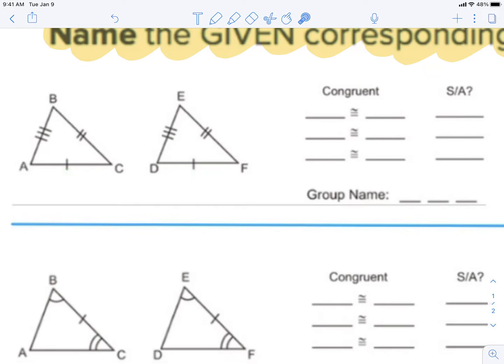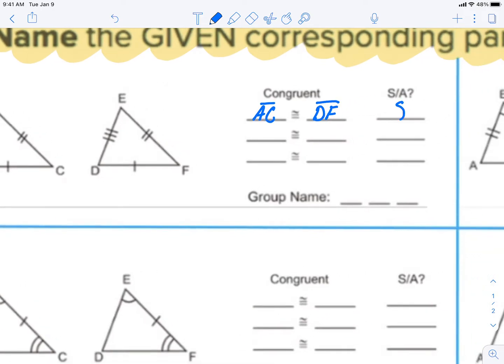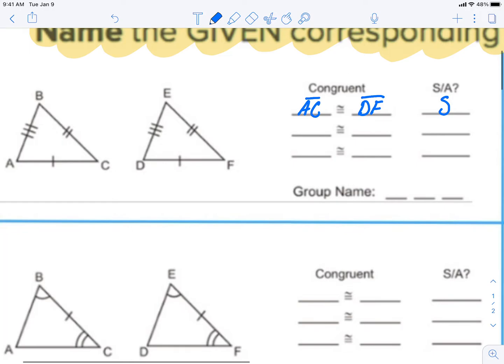From A to C makes the first single dash, from D to F makes the second single dash. So side AC is congruent to segment DF, and those are sides. These are the sides of the triangle.